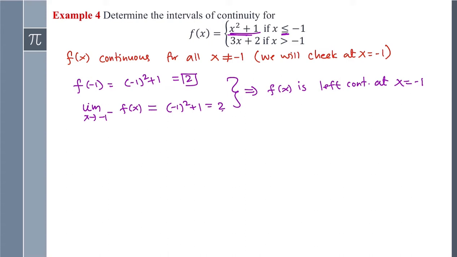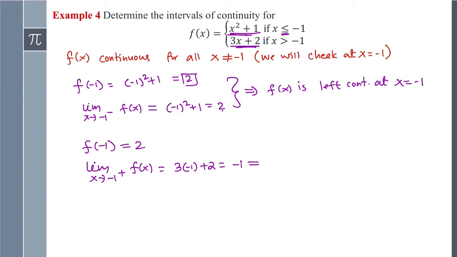Now let's go ahead and check if it is right continuous at x equals -1 or not. Again, f of -1 does not change, it's still 2. Now let's find the limit as x approaches -1 from the right of f of x. When it approaches -1 from the right, we have to use the second piece of the function. So 3 times -1 plus 2, which is -1.